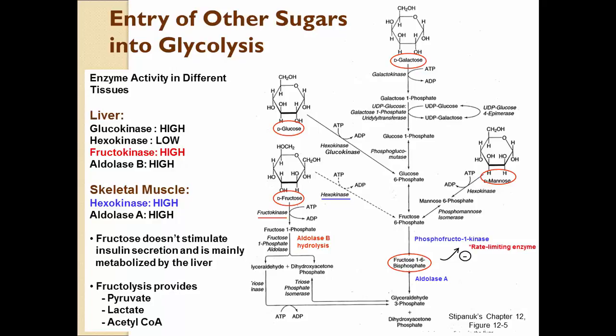Now let's talk about the other sugars and how they are metabolized through the glycolytic pathway. Here I just want to talk about fructose. Compared to glucose, fructose in our diet is less abundant, unless you eat a lot of it, for example corn syrup.